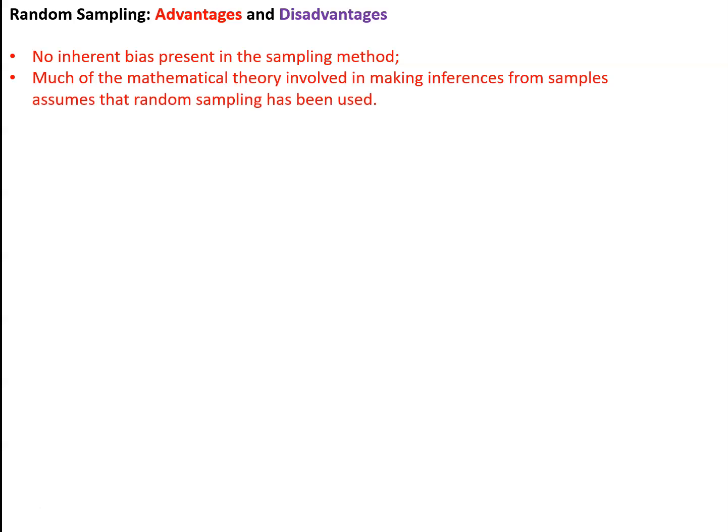Now let's have a look at some of the advantages and disadvantages of each of these different methods of sampling. So for random sampling, the big advantage of it is there's no bias present in the sampling method, and much of the mathematical theory involved in making inferences from samples assumes that random sampling has been used.